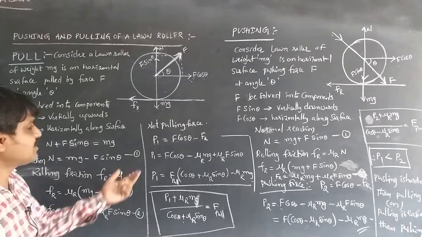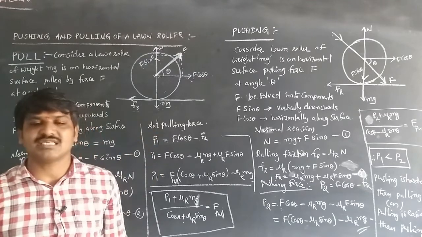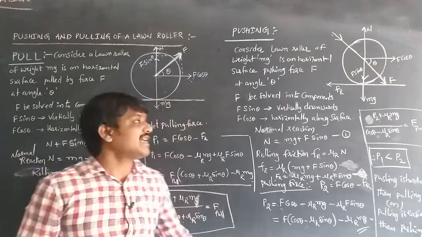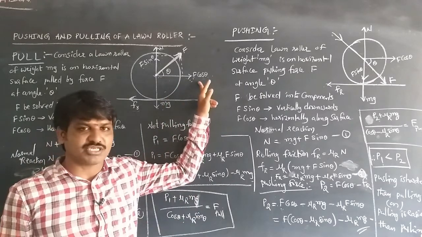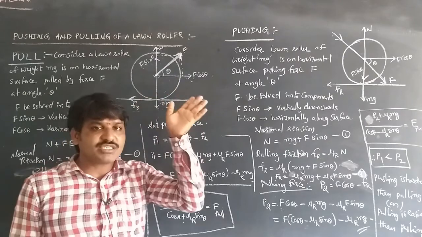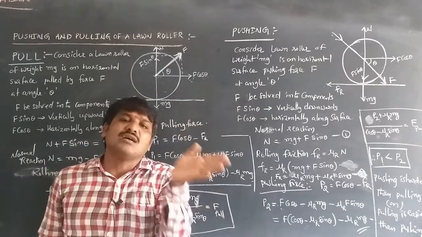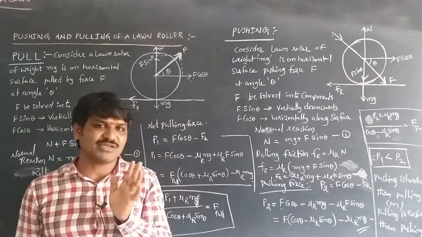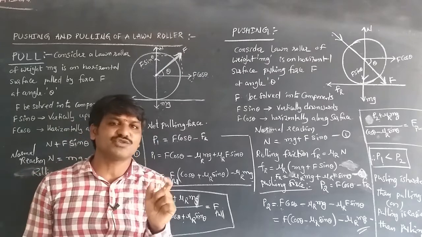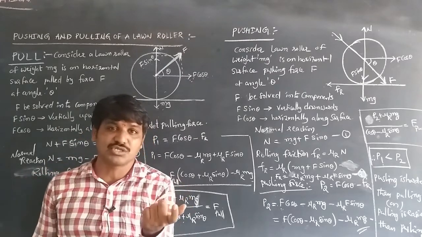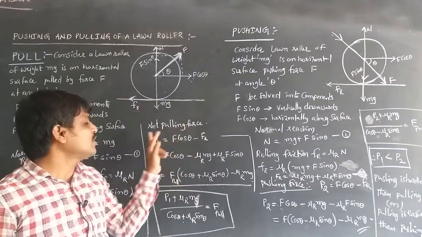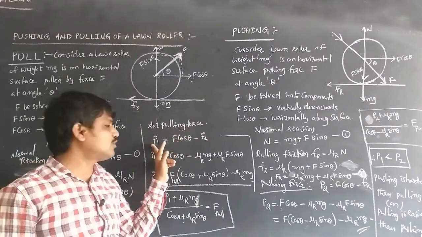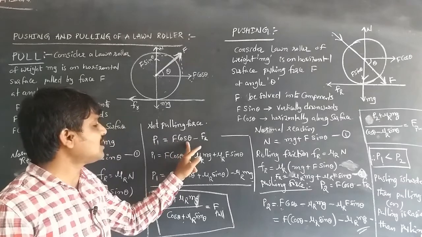The body is moving in the direction of F cos theta. So the F cos theta value is more than Fr, the rolling friction. What is the net pulling force? It is the extra force which is used to roll the body. So P1 is considered as the net pulling force, which is equal to F cos theta minus Fr.